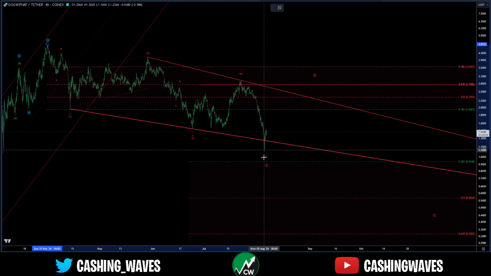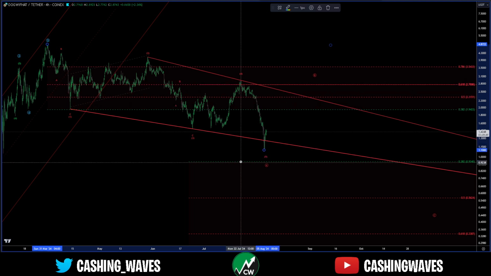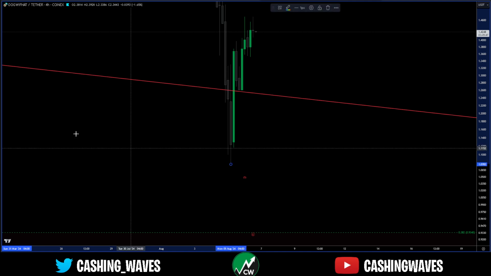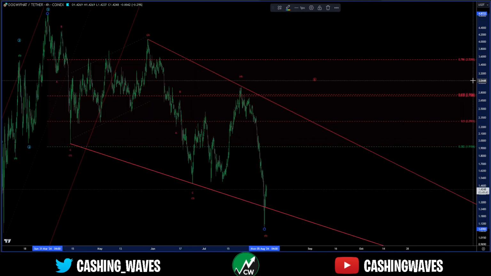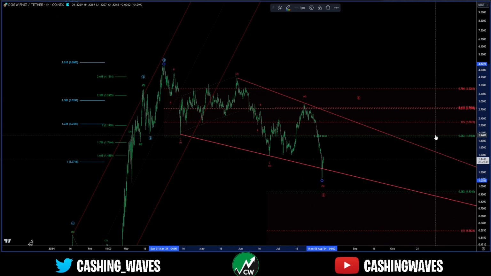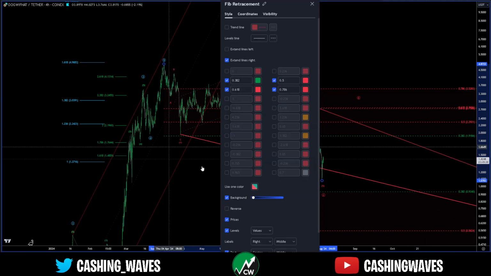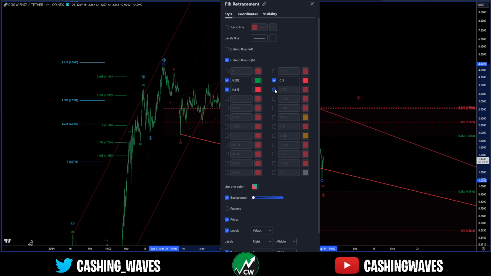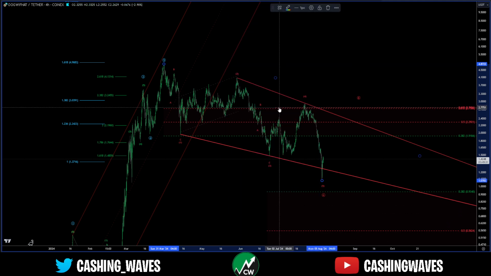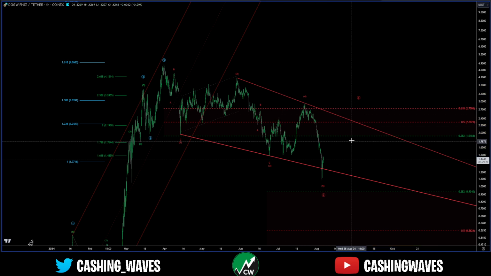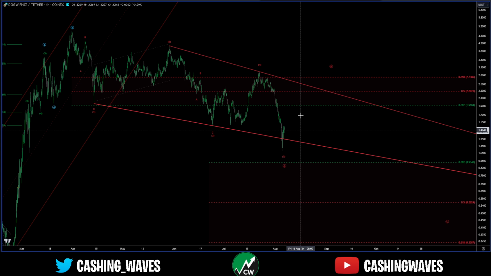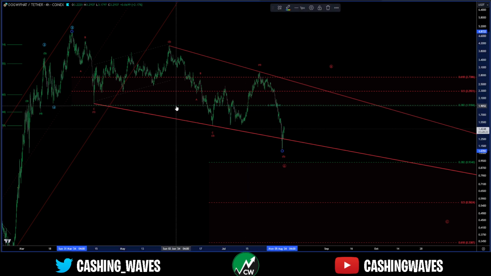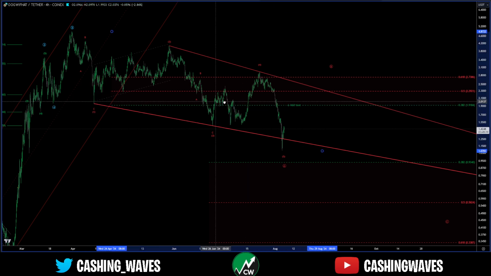Assuming the bottom is in as a diagonal, looking for between the 382 and the 618 for our B wave. I can get rid of this one. Just going to move these over so they're easy to see.